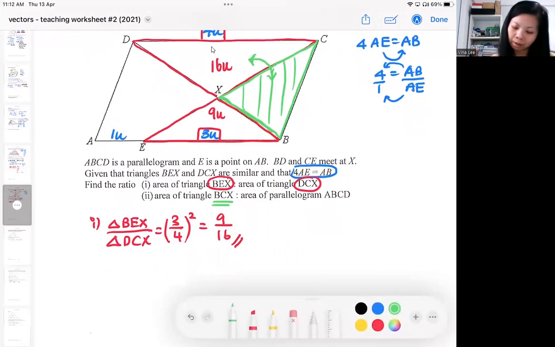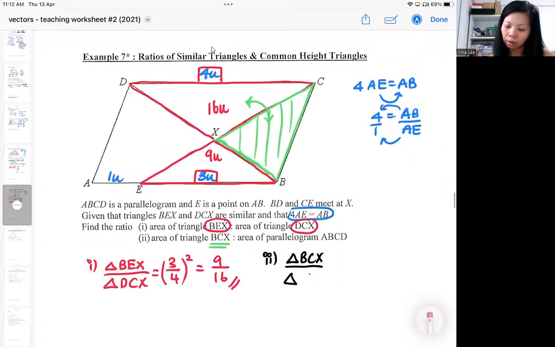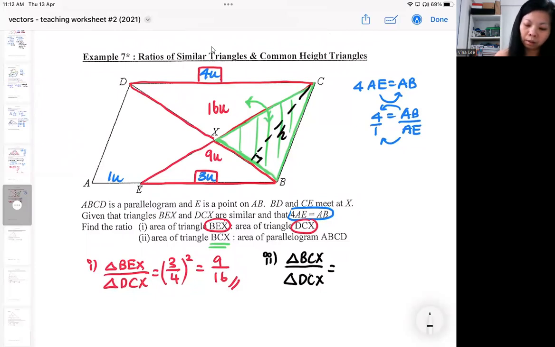I'm going to target triangle BCX and triangle DCX first. Why do I want to target these two? These two actually have a common height. They will share this height.